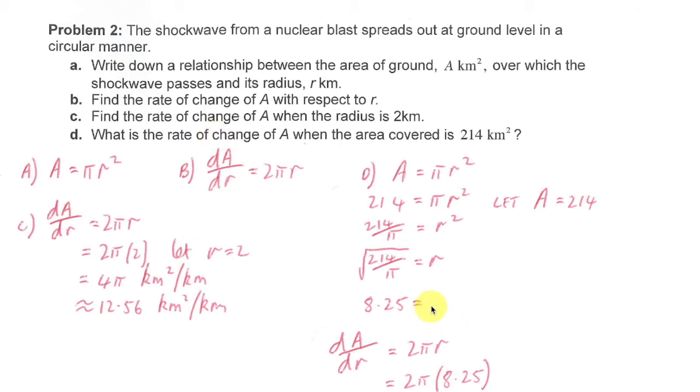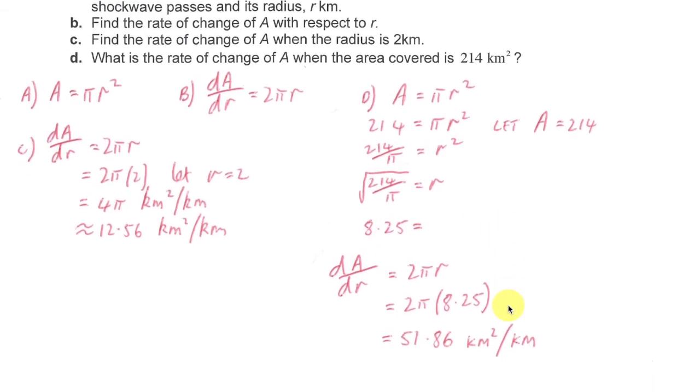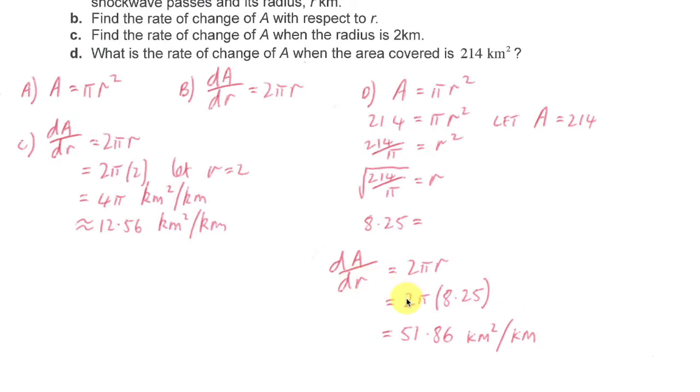So what we need to do now is substitute that found R value into the derivative. So we're using the derivative rule. We substitute R equaling 8.25 and we get 51.86 kilometres squared per kilometre.